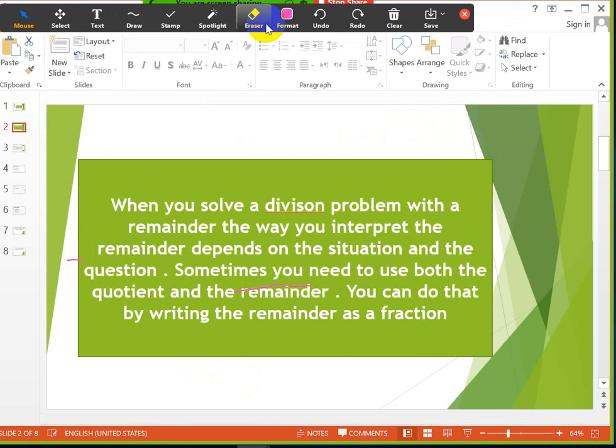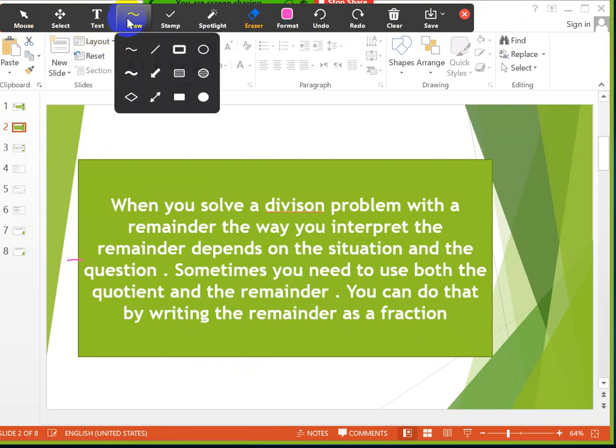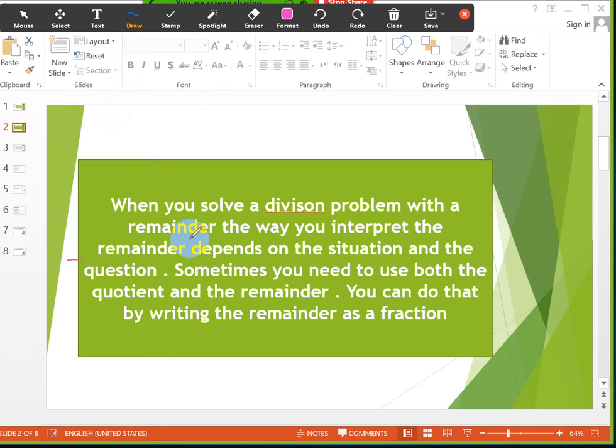Now, when you solve a division problem with a remainder, the way you interpret the remainder, what is the meaning of interpret, that means you describe, or how you will describe the remainder.